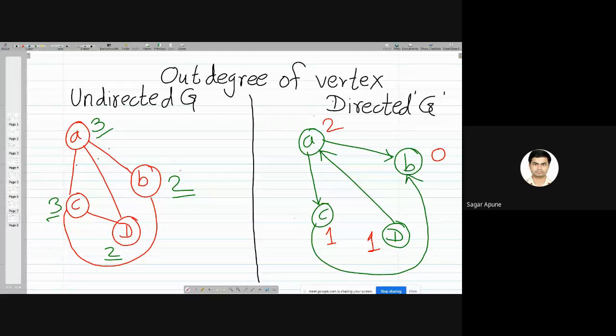But there is no edge going from B. These are incoming edges, A to B and C to B. So in degree of vertex B is 2, but out degree of vertex B is 0, right? Okay. So this is the out degree of my graph.